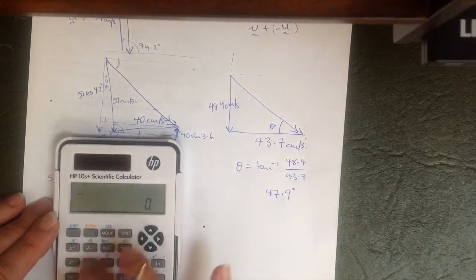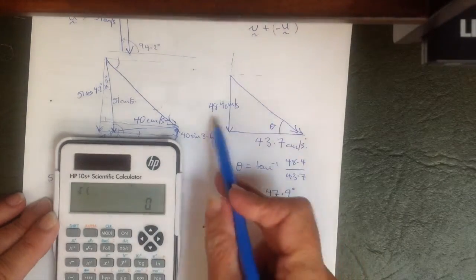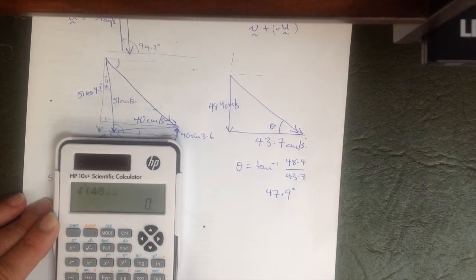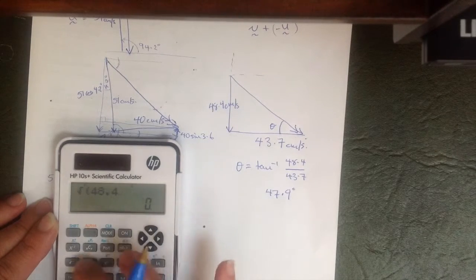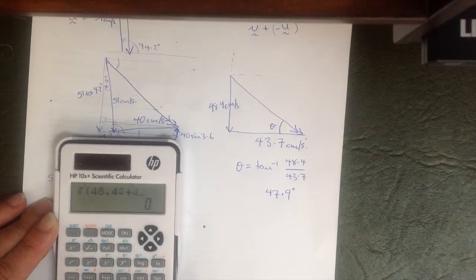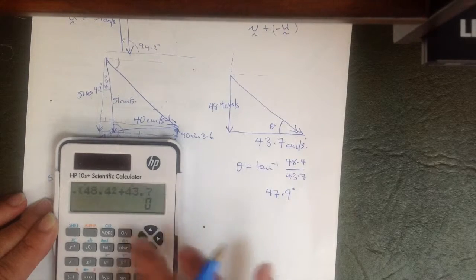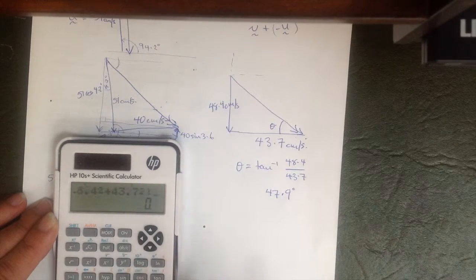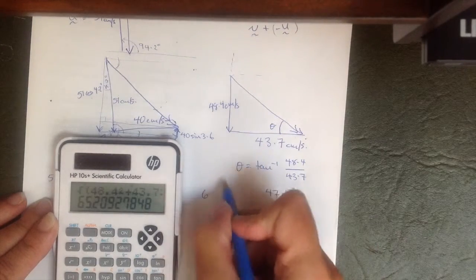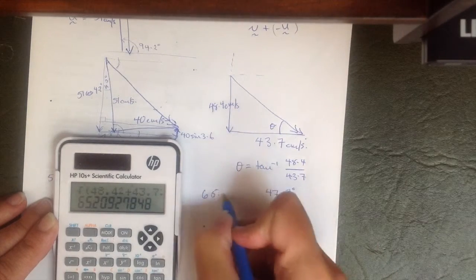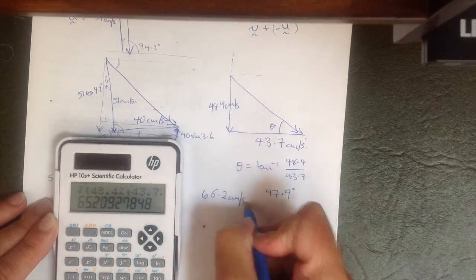And our distance is going to be the square root of 48.4 squared plus 43.7 squared, close bracket, which is 65.2 centimetres per second.